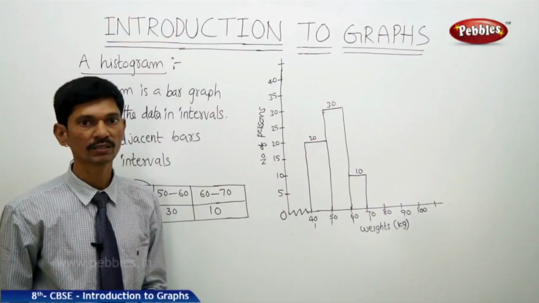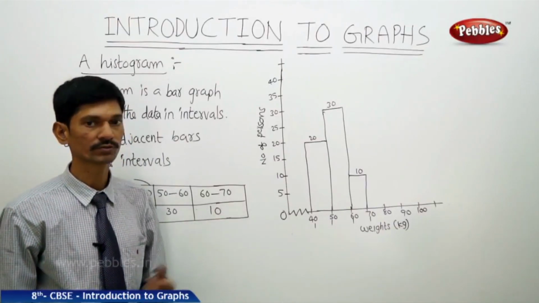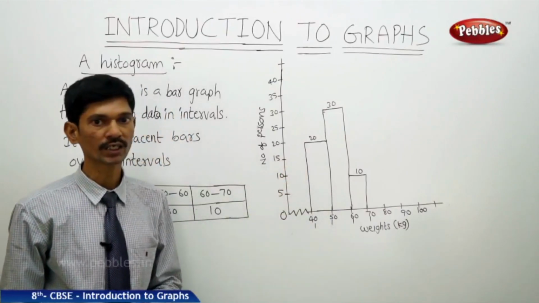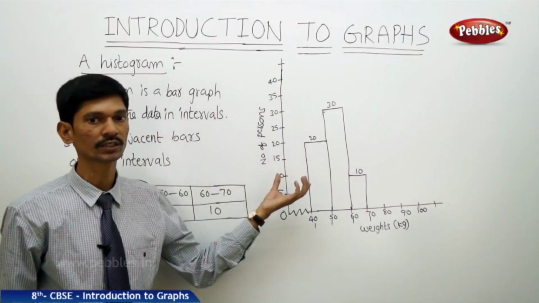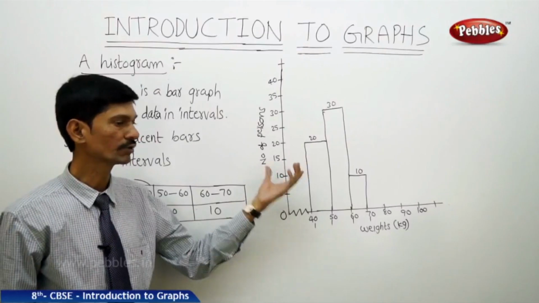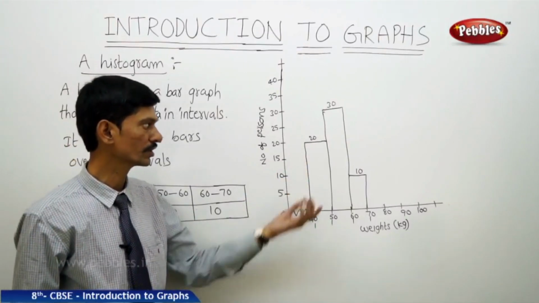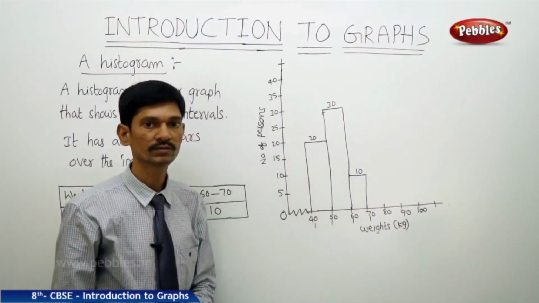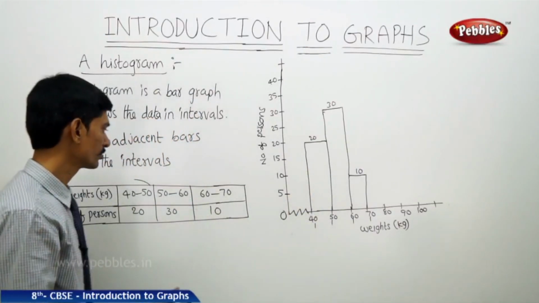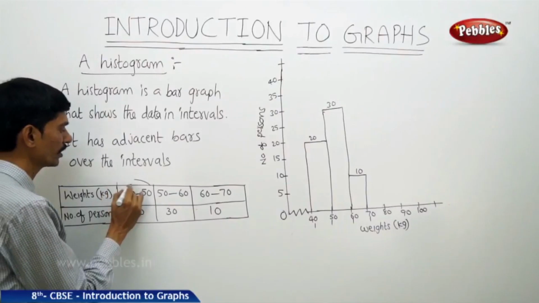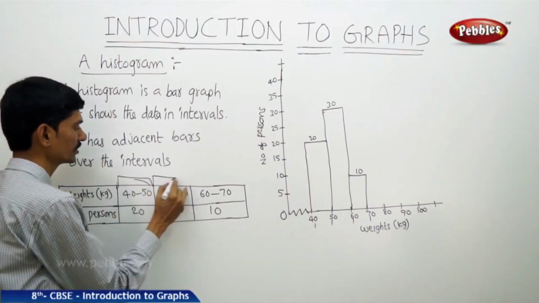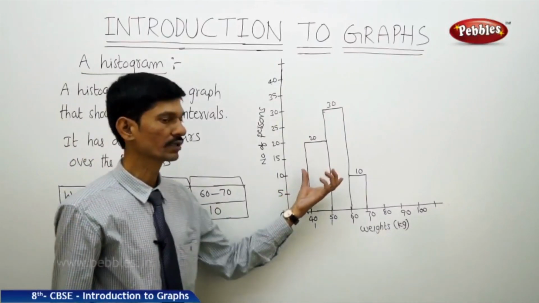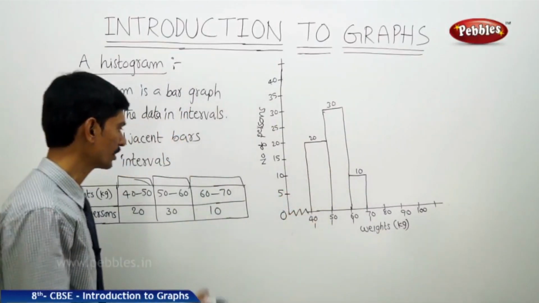Now let us discuss. There are different types of graphs, meaning different types of graphical representation. The first one we can take is the bar graph, or sometimes we draw the double bar graph. Then the circle graph, also known as pie graph.